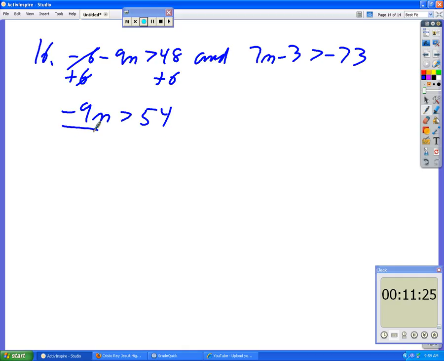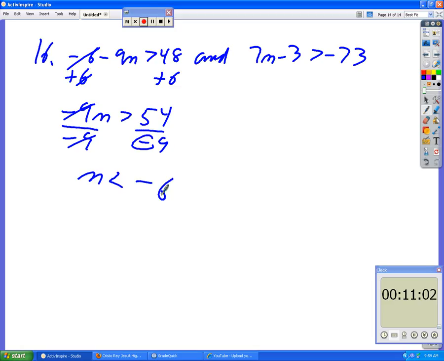Divide by -9. It's a negative, so you have to turn the arrow around so it's less than, and 54 over -9 is -6.